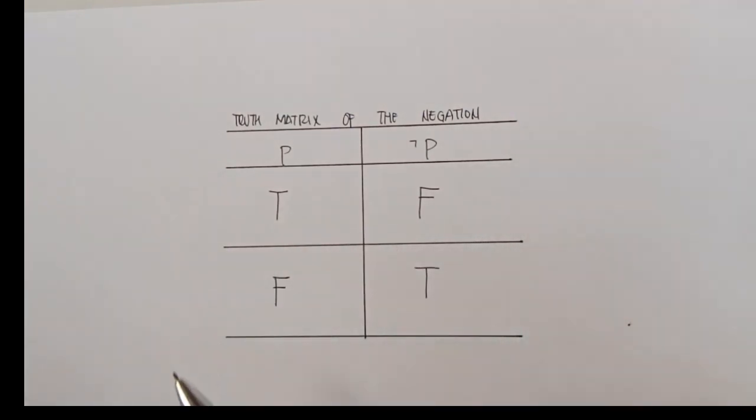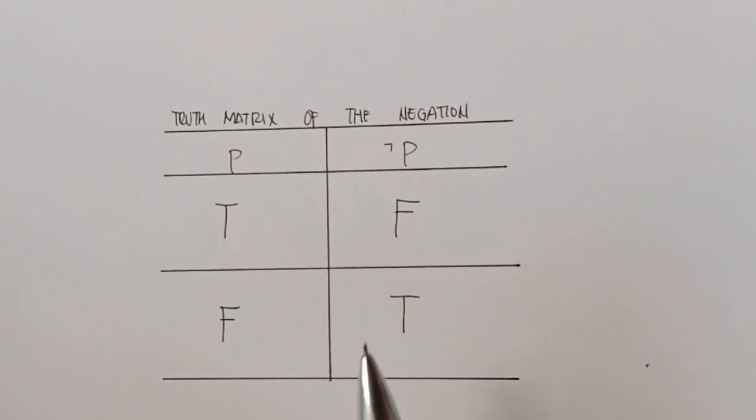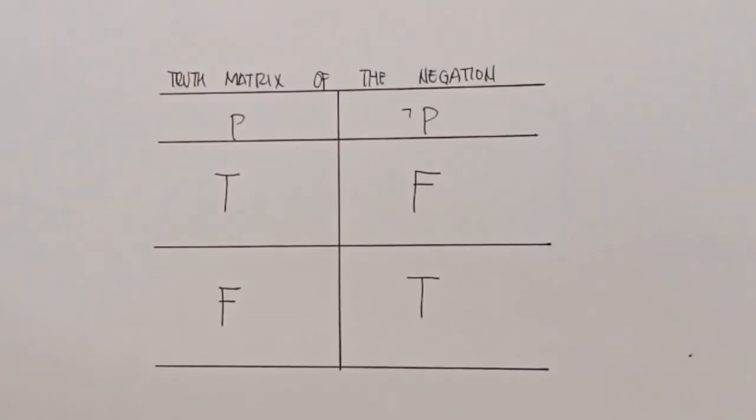If the proposition is false, then the negation is true. That is how to make a truth matrix of the negation.